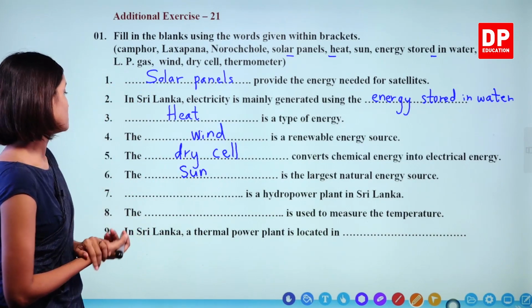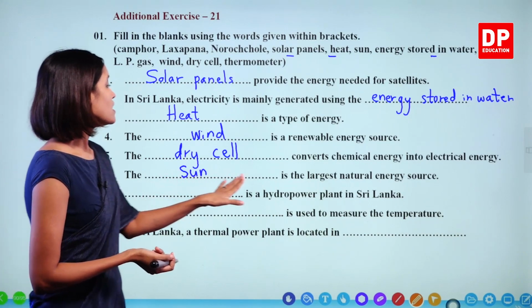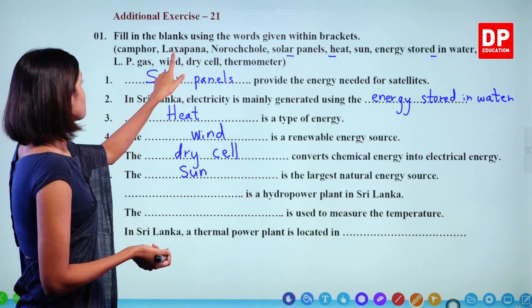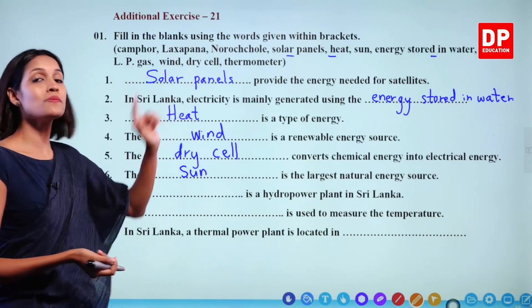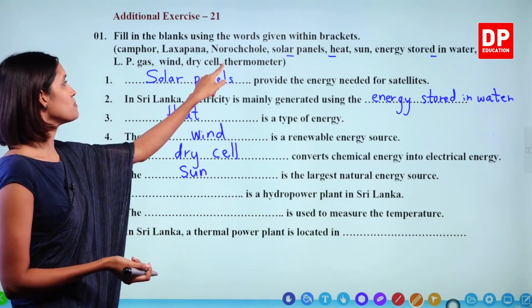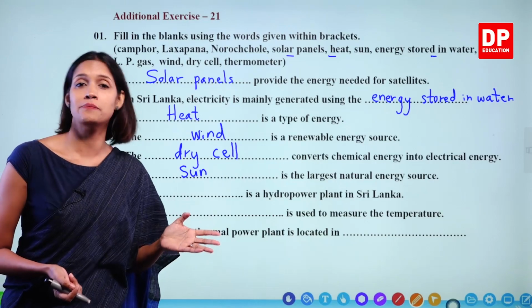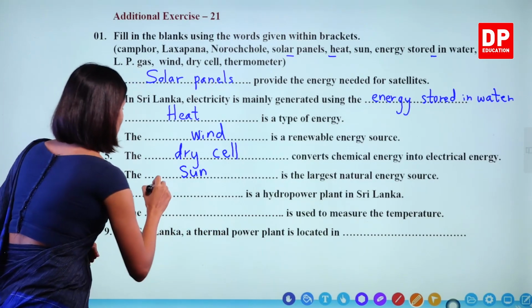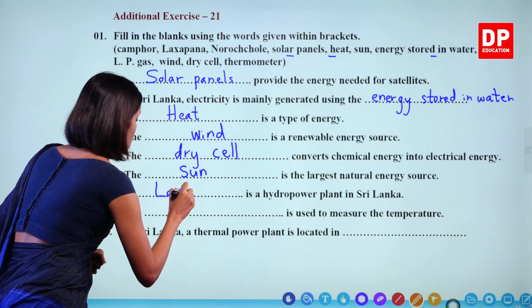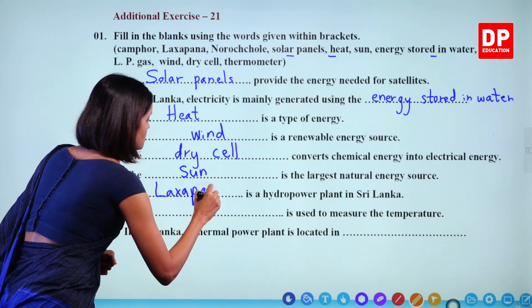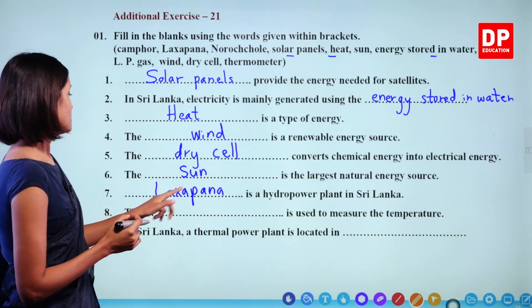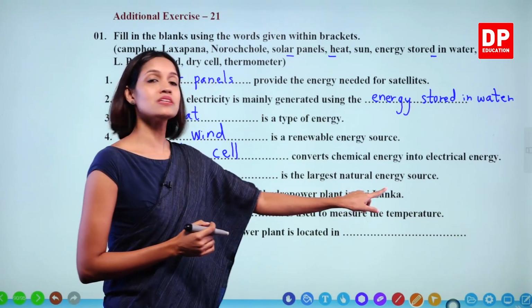Number 7 is a hydropower plant in Sri Lanka. Lakshapana, Norochcholai. Lakshapana is a hydropower plant. What about Norochcholai? It is a thermal power plant. So the answer is Lakshapana. Lakshapana is a hydropower plant in Sri Lanka. Number 8 is used to measure the temperature.